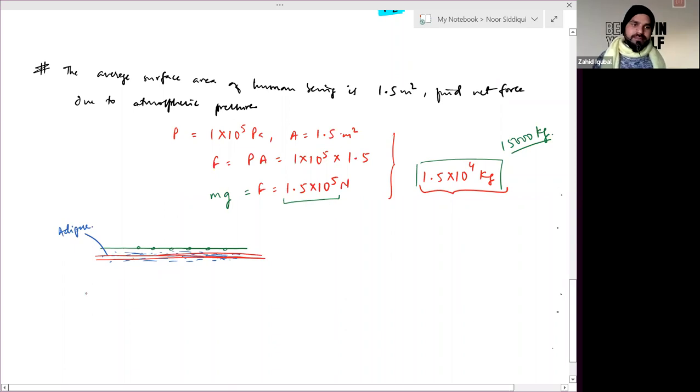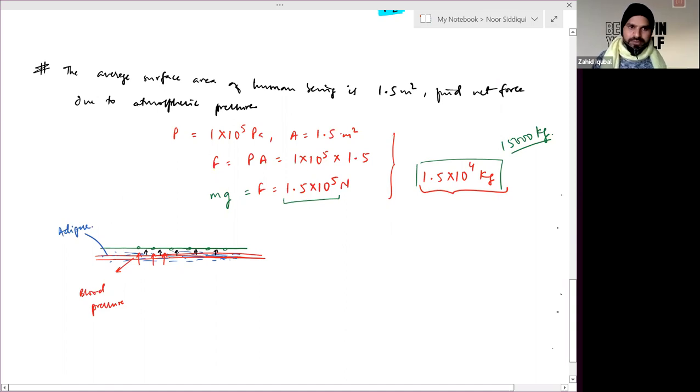So there will be some blood pressure towards this direction, and due to pores on our skin, air from outside gets entered into it and fills the bubbles of adipose tissue, and they will exert pressure outward.